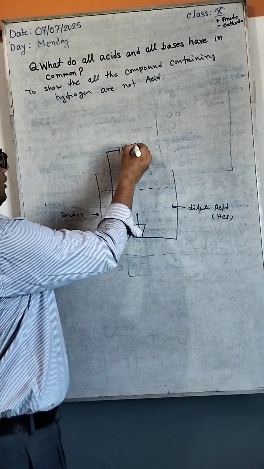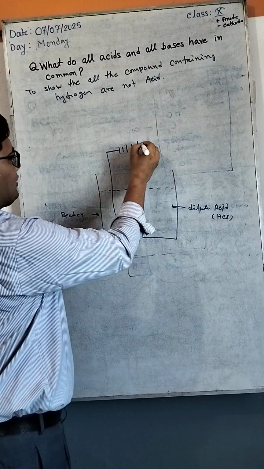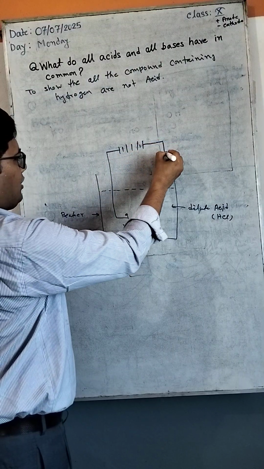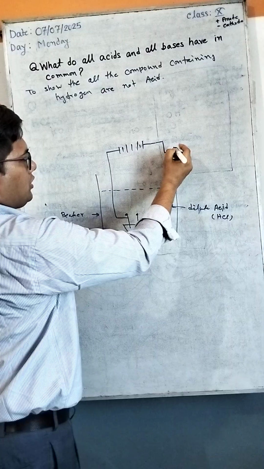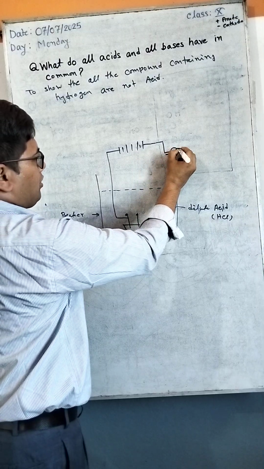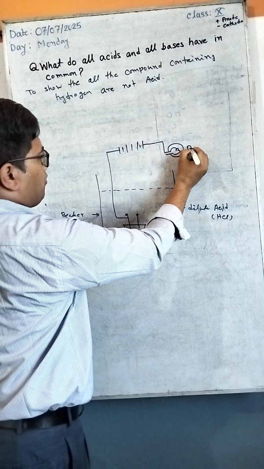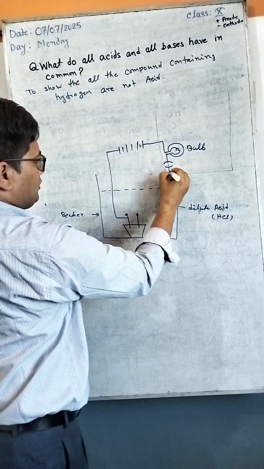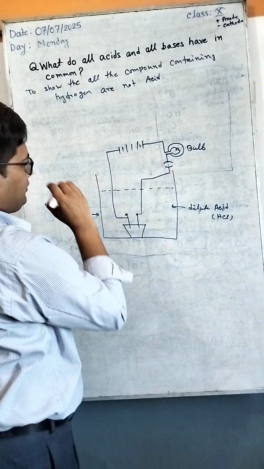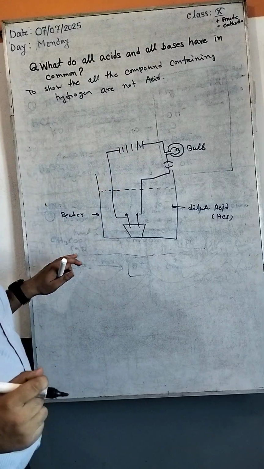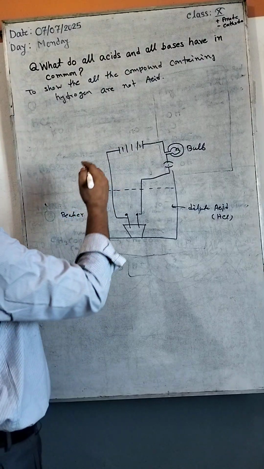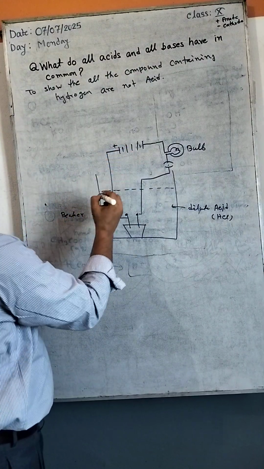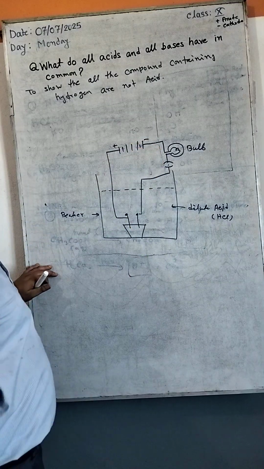One electrode is joined with the battery. This is the battery. The other side is attached with the bulb, and make one switch. The battery has two terminals, one positive terminal, one negative terminal.